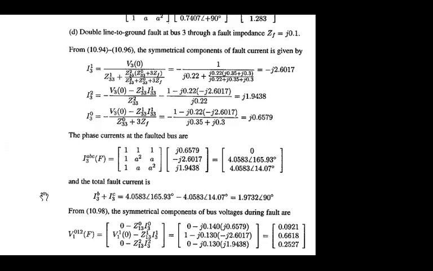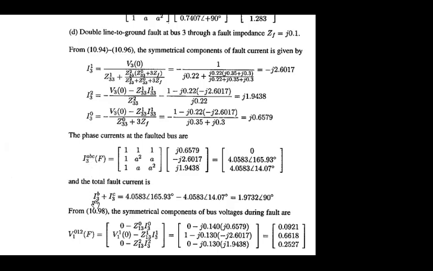This is the additional equation, or additional term, for double line to ground: IB plus IC. Remember that part. For double line to ground, you have to consider this part in addition to the other faults. For other faults, you can conclude the solution up to this point; I3 ABC will be sufficient.